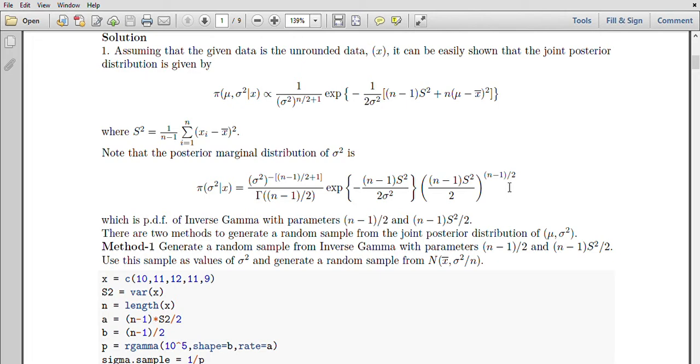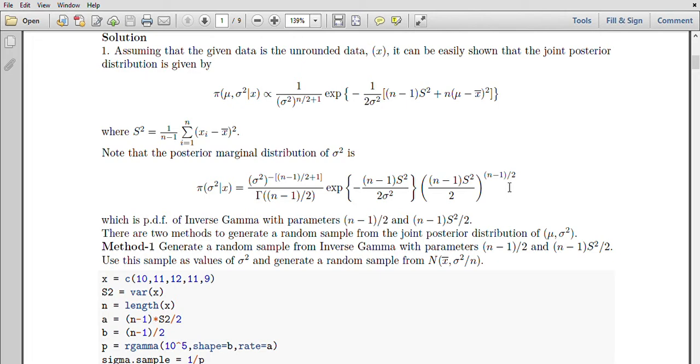The first step involves simulating observations from the marginal posterior distribution of sigma square, that is, from the inverse gamma distribution. The second step: once we have the sample on sigma square, use those as the realized values in the conditional variance of mu.